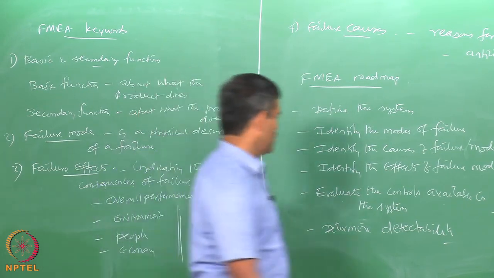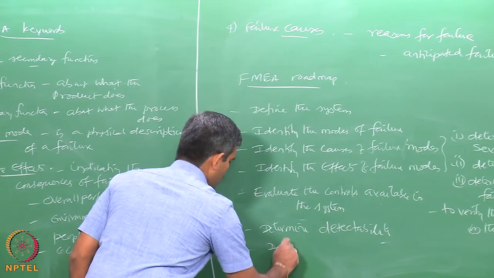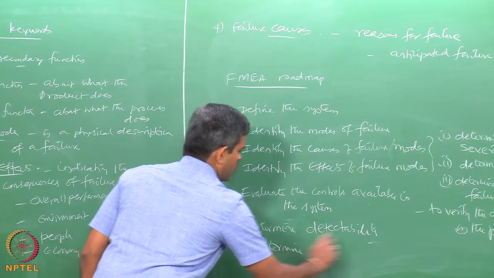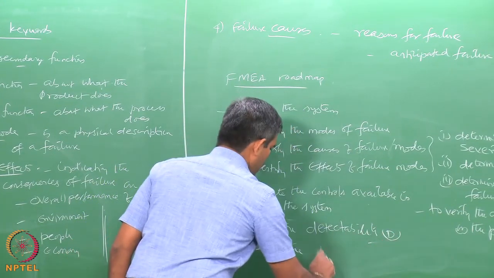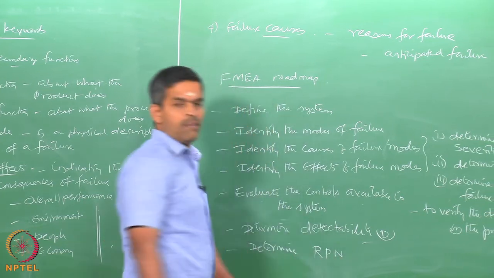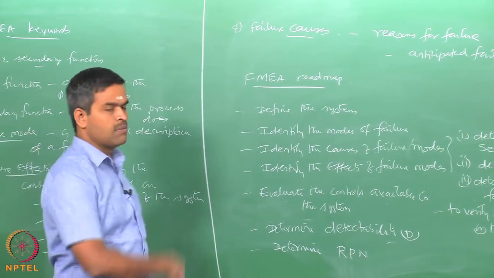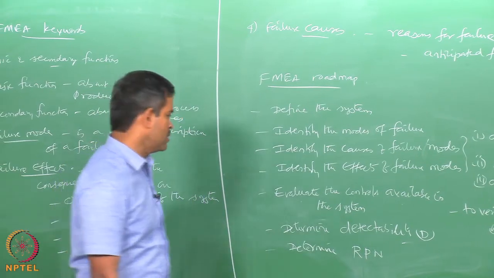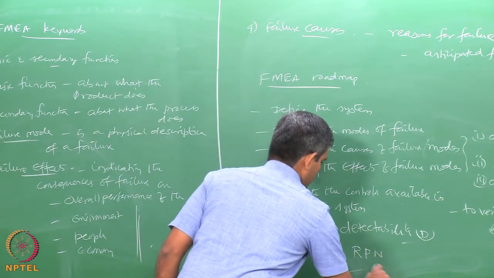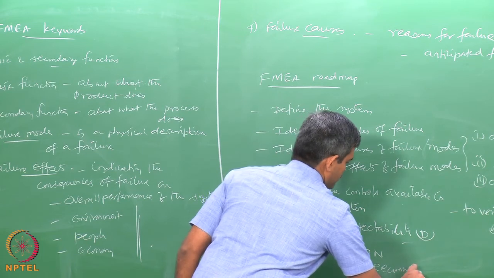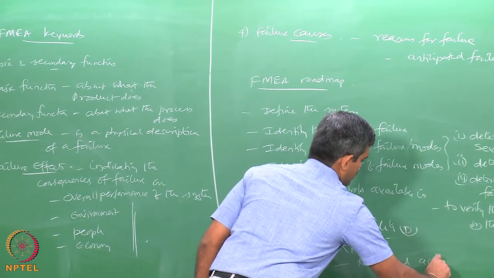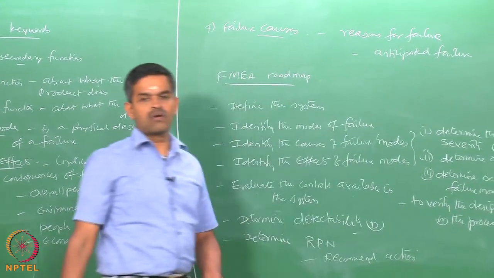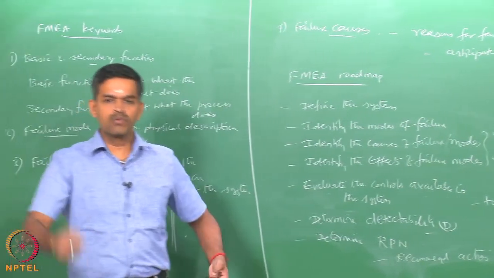Once we do this, so we call this as D, we determine the risk priority number, I will come to this argument slightly later. Once we know the risk priority number, then recommend actions to correct the consequences or to improve the design.